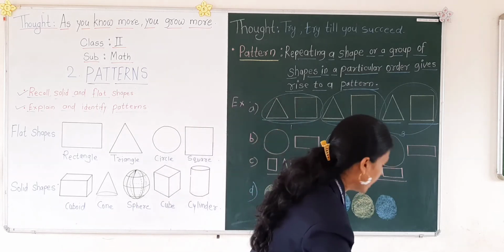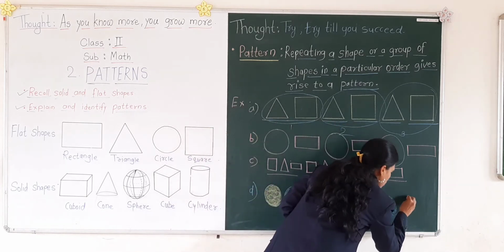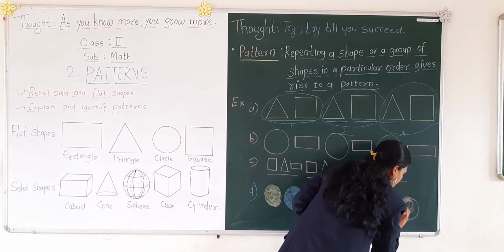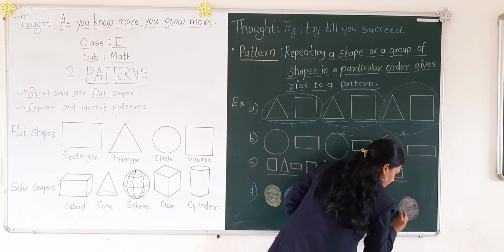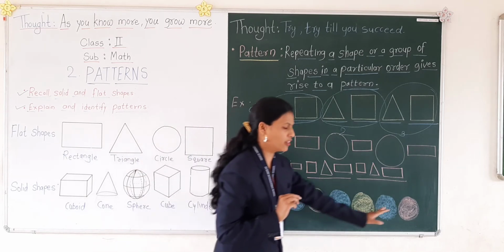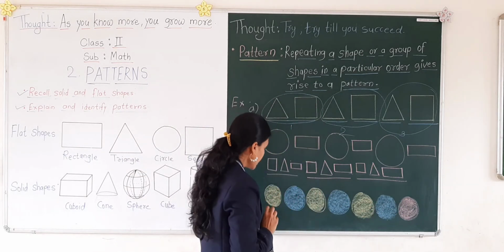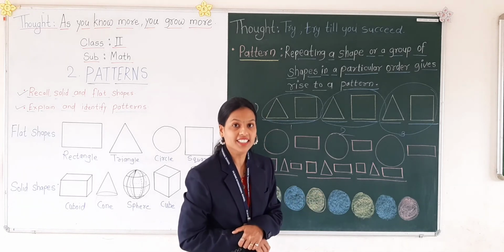Alright? If again, in example number D, suppose I draw the next circle, but having a color. What color is it? Very good. Pink color. So, in this example number D, is this following the pattern?